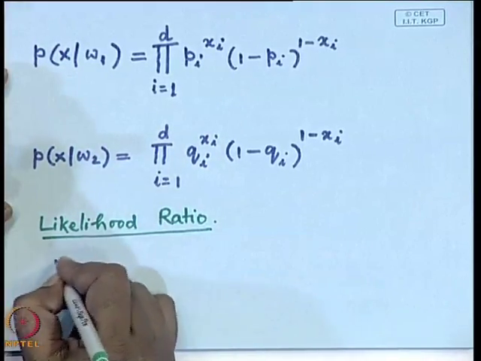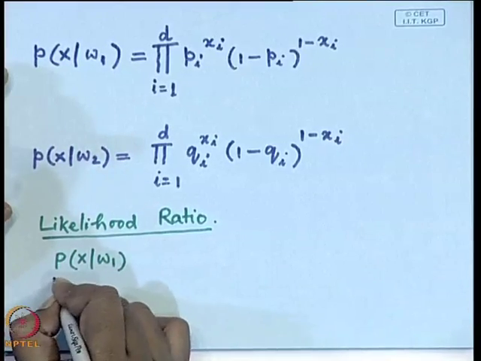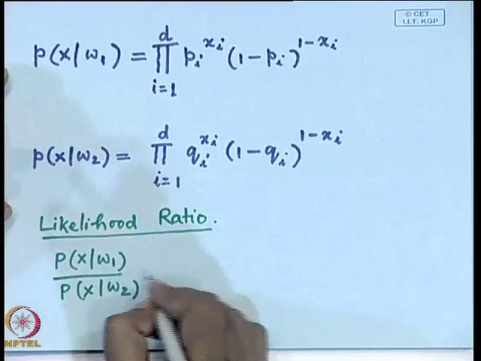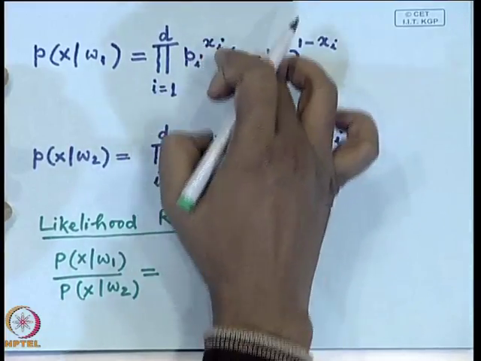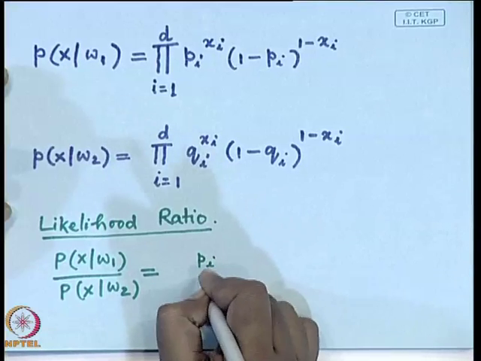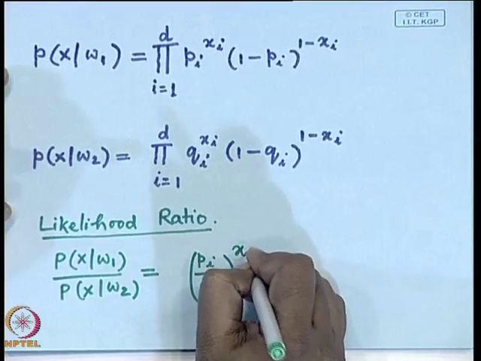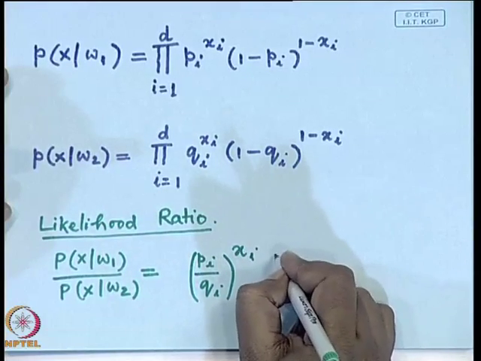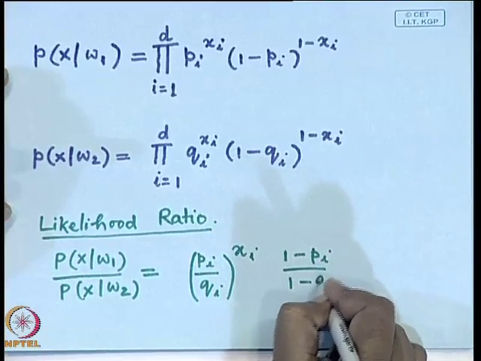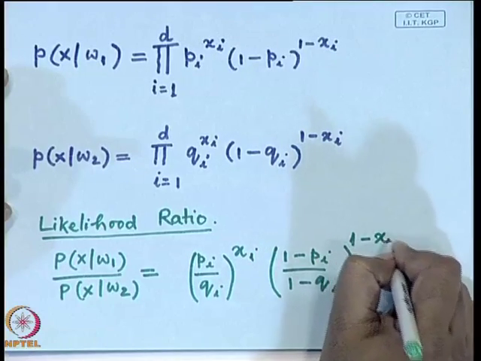So, the likelihood ratio is given by p of x given omega 1 upon p of x given omega 2, which, if I simply multiply these two, becomes p i upon q i to the power x i, into 1 minus p i upon 1 minus q i to the power 1 minus x i.